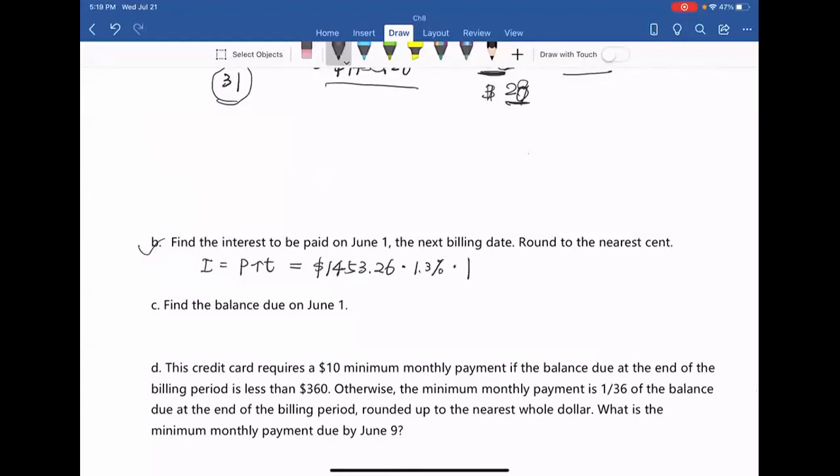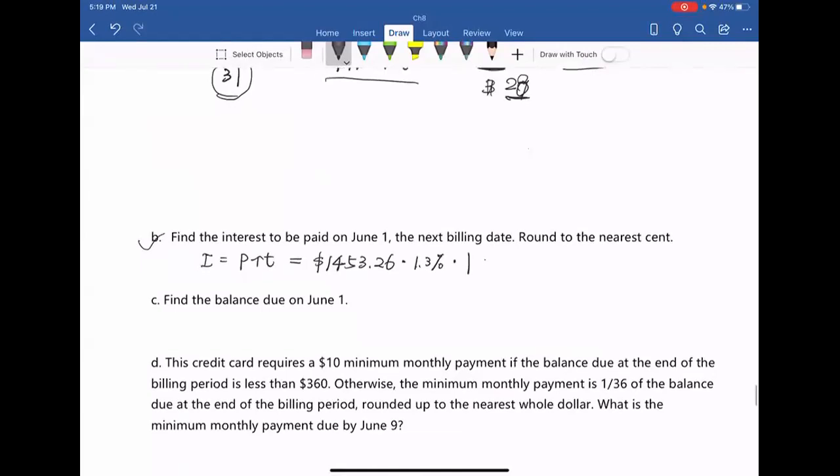Times T. T is 1. So it equals about $18.89. So this is the interest. Next one, find the balance due on June 1st.